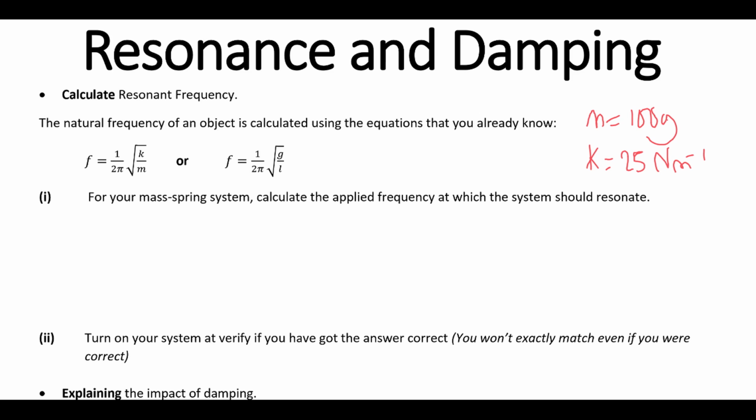So the first thing to do is work out what frequency would cause resonance, so what the natural frequency would be. Frequency is 1 over 2 pi square root of k over m. So it's 1 over 2 pi square root of 25 over 0.1. 25 divided by 0.1 is 250, square rooted, divided by 2 pi.